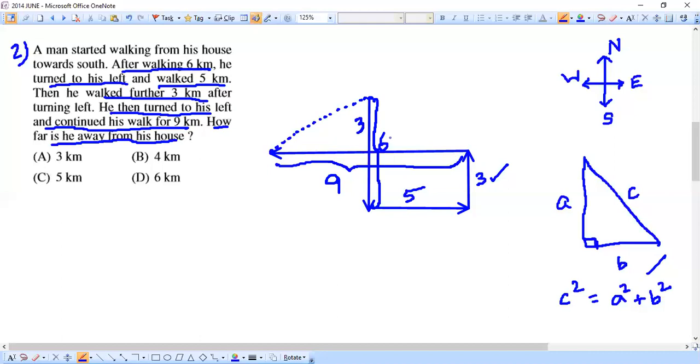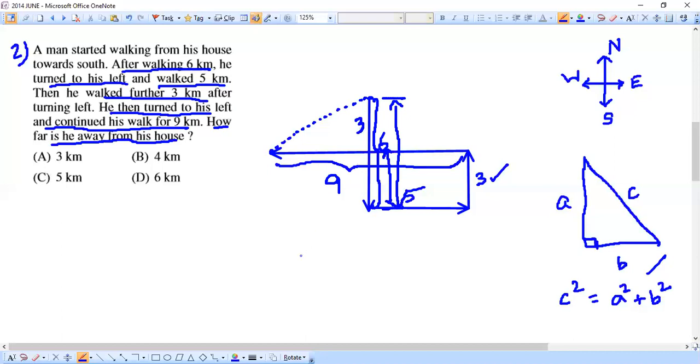Let me repeat how this 3 comes. I know this entire distance, from this point to this point, is 6. But I just subtract this distance. This distance is already 3 here. The parallel thing we have is the same 3. So 6 minus 3 gives us this measure to be 3. We have found this vertical measure to be 3.